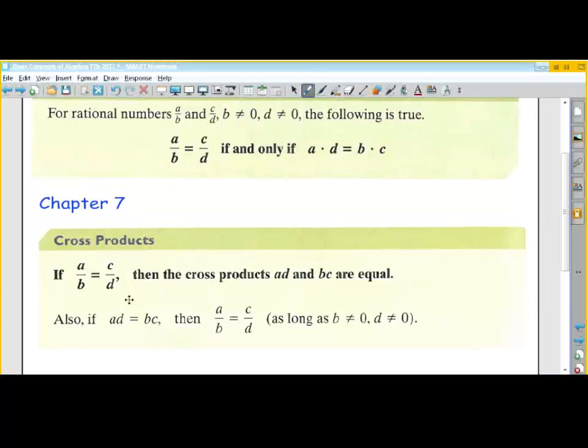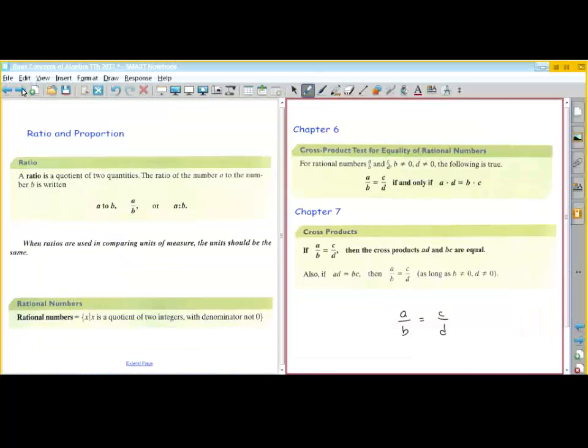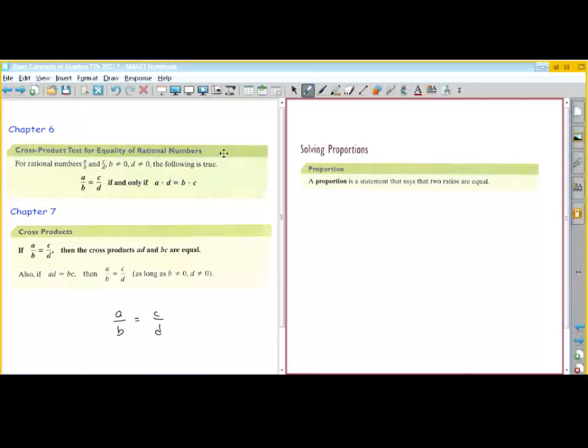If the cross products are equal, then the original ratios are the same. That's pretty much it for the math, okay? Sometimes to solve these problems, it's a matter of taking the cross product and then solving for the unknown variable, whichever one that is.